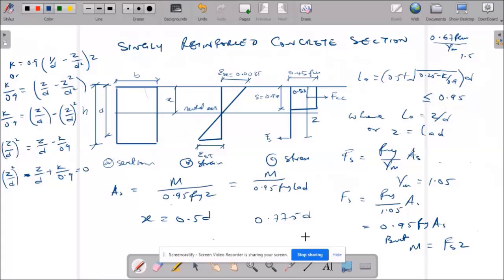So substituting this value into the equation for the moment M, here we have our equation where we derived the moment, we've already wiped it out. Let's write it again.